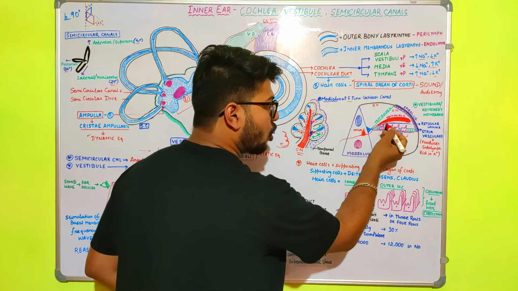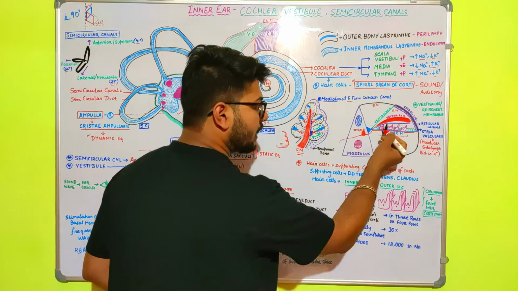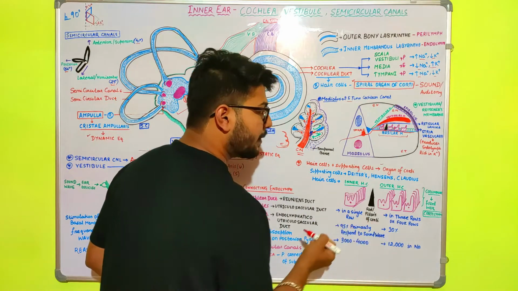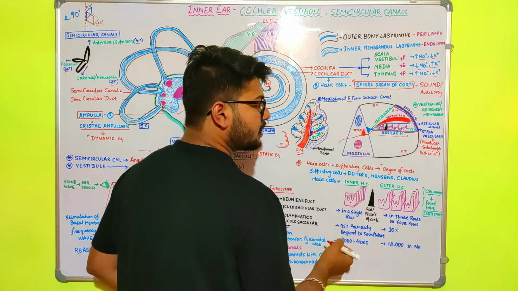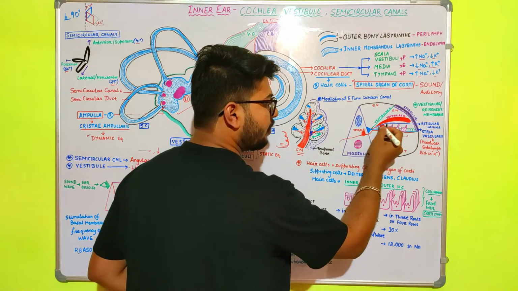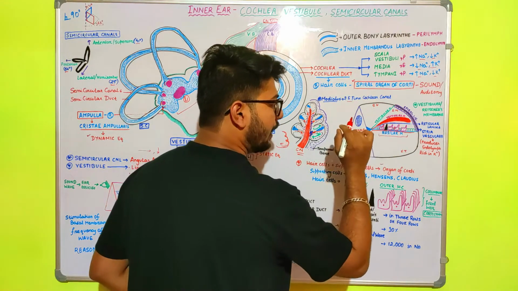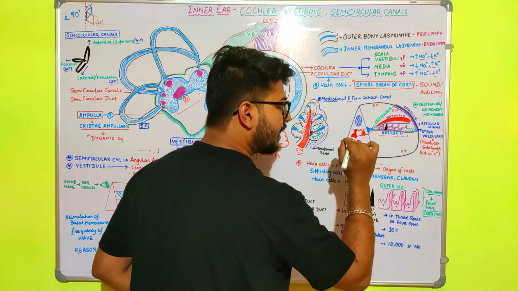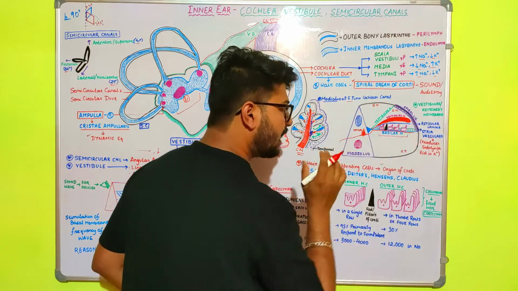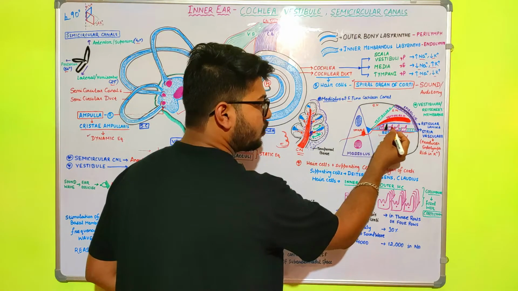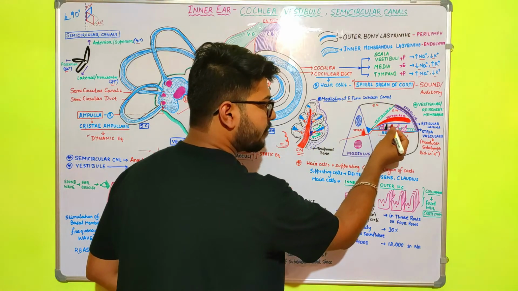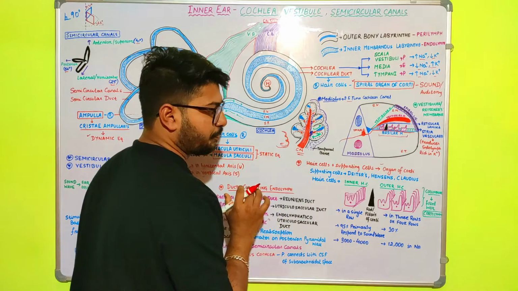It is the tunnel of Corti, formed by the rods or pillars of Corti. On the superior part, we have a thin layer, the reticular lamina, that covers the surface of the hair cells.